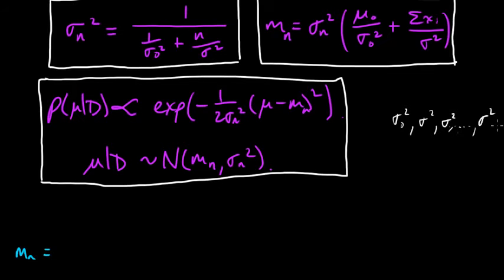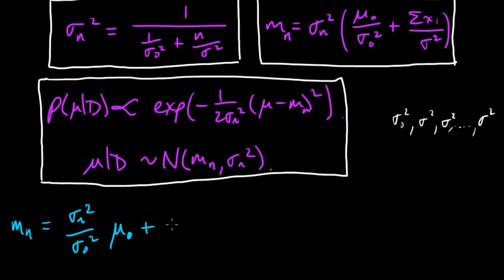So Mn equals sigma n squared over sigma naught squared times mu naught, plus, if we divide and multiply by n, then we can get the MLE, the sample mean.